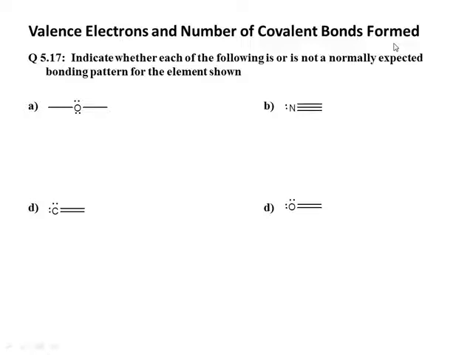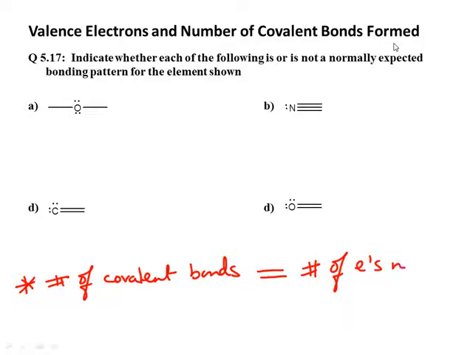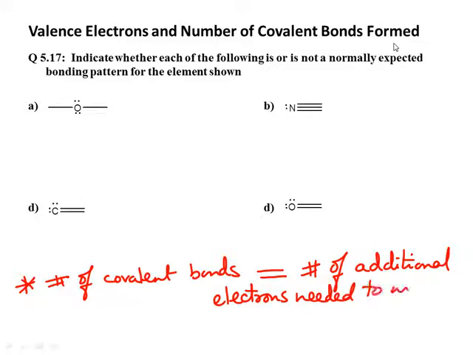Now, in this question, what you need to remember is that the number of covalent bonds that a non-metallic atom would make equals the number of additional electrons needed to make an octet, to follow the octet rule.